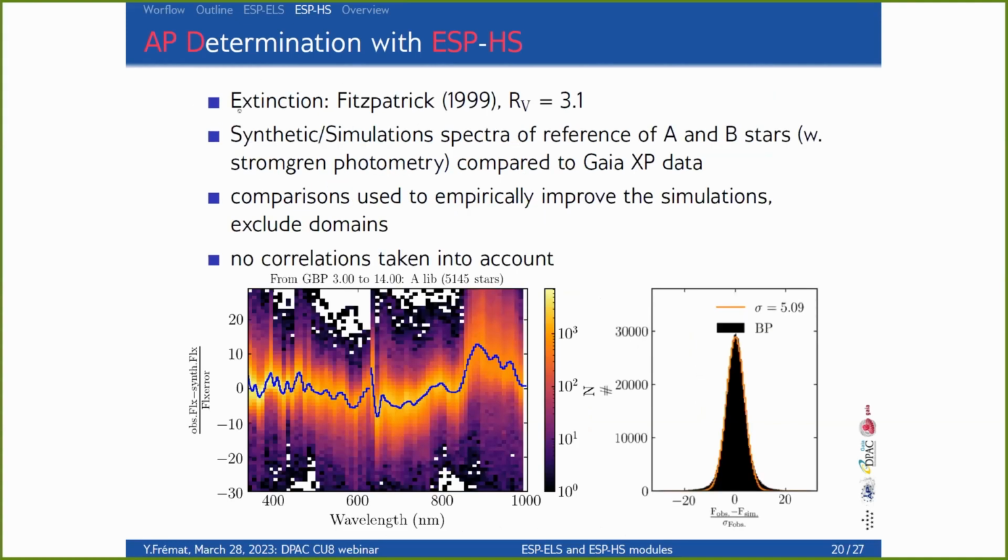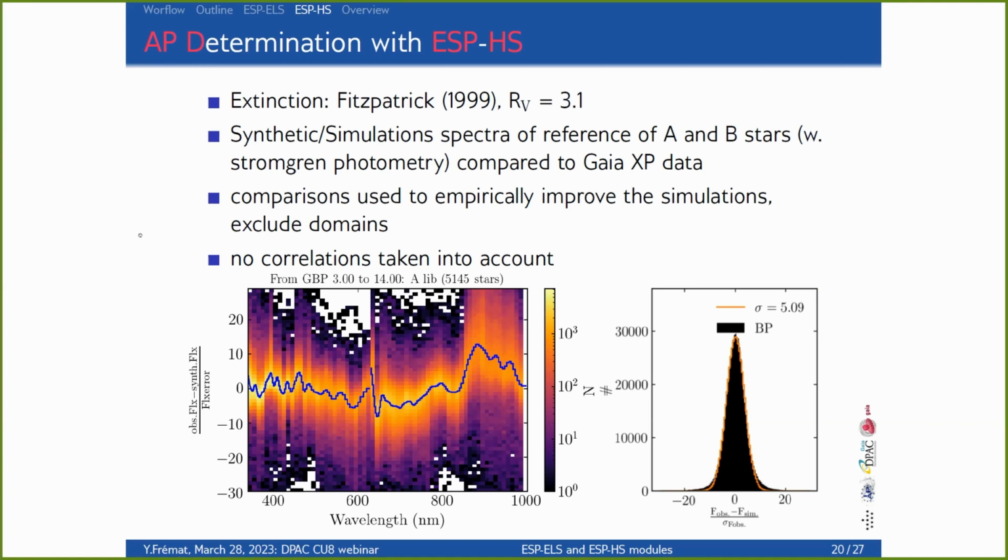The other assumption is that we use the extinction law of Fitzpatrick, where we fix the extinction factor to 3.1. And we use a systematic comparison of simulations to observed spectra in order to identify those parts of the spectra that seem, at least for the synthetic spectra we are using, less accurate than the other parts.